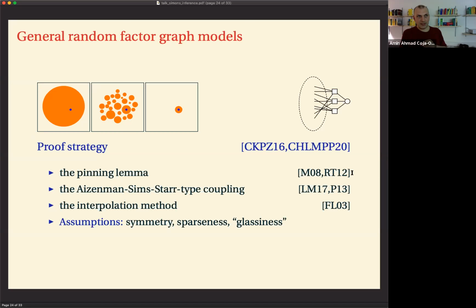So the reason is that if you do this Aizenman-Sims-Starr coupling construction, what would happen is that by adding some structure to your random factor graph, by doing this coupling argument, you would rescale the distribution that you have to pin from. So you would then have to go back and pin from a different distribution somehow. And that makes it very complicated.